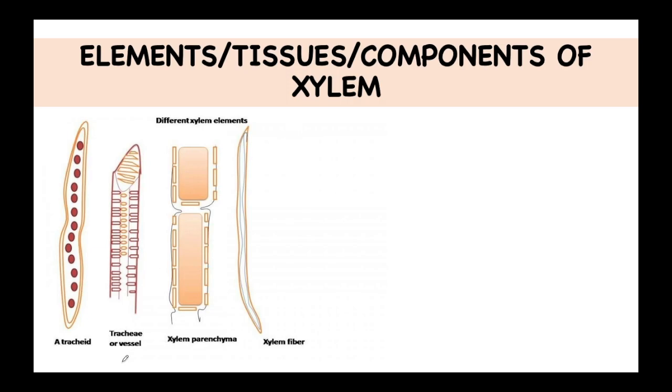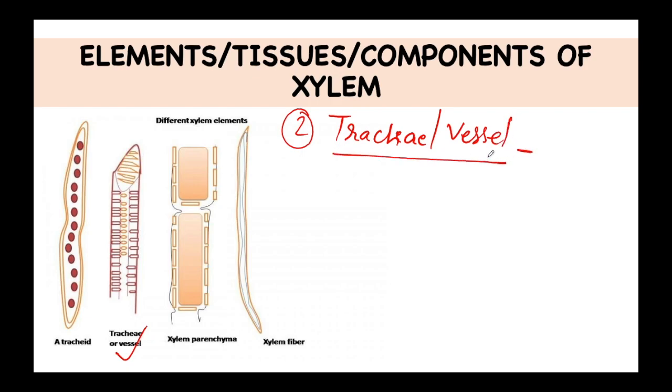Now the second element is tracheae or vessels. They are made up of short and tubular cells. So this cell wall is lignified.